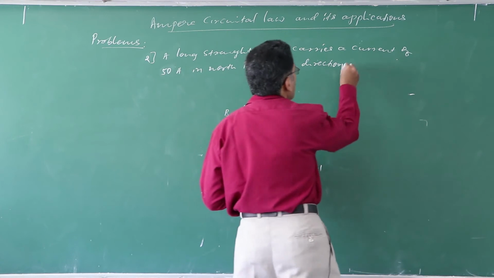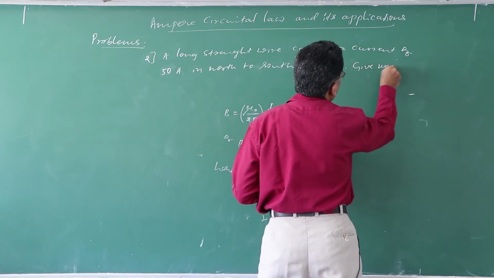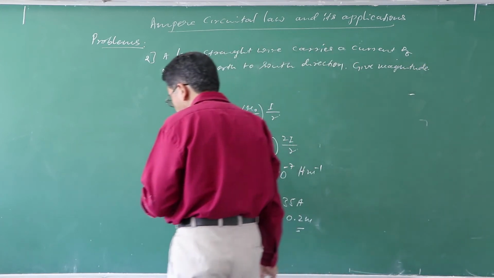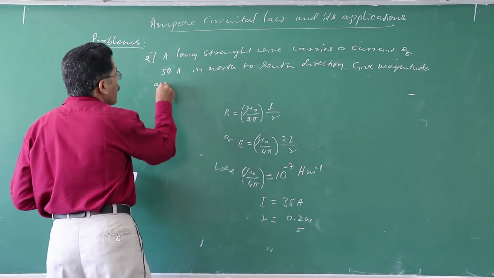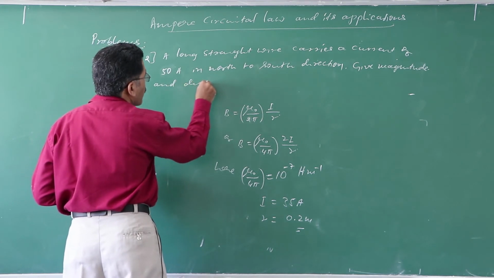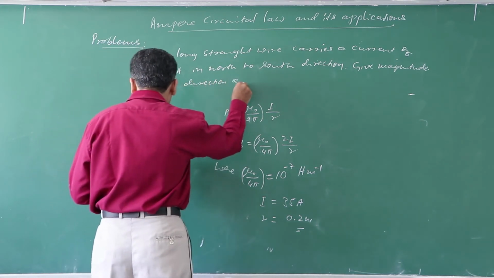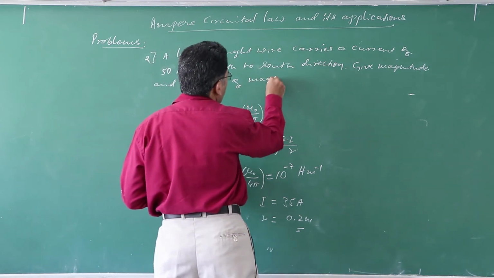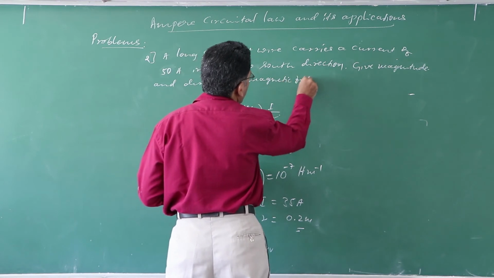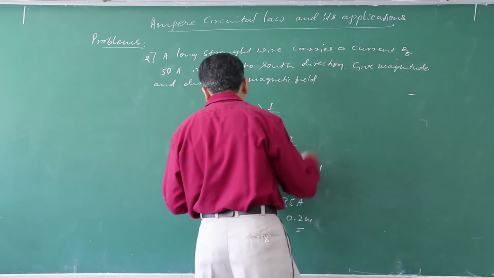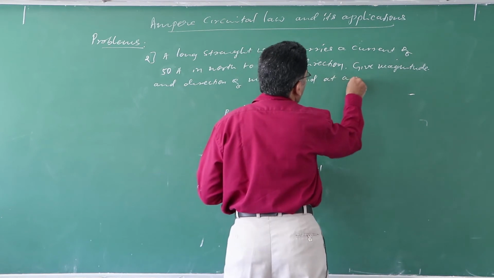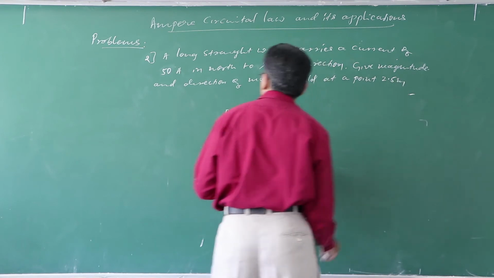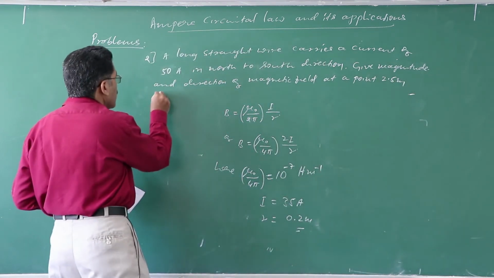Give the magnitude and direction of the magnetic field at a point 2.5 meter east of the wire.